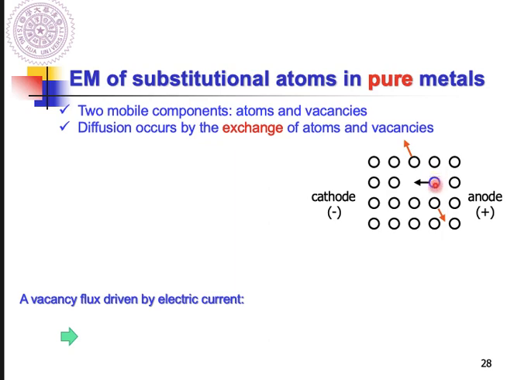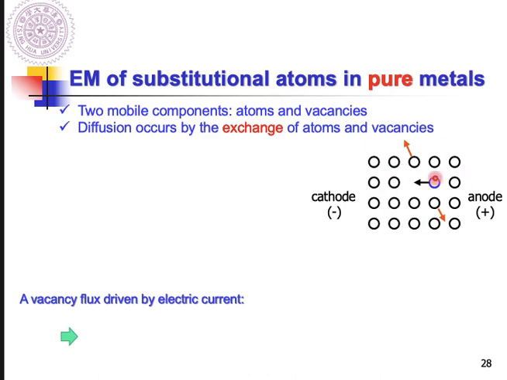One is the atoms at the substitutional site, or you can say at the lattice point, and the other component is the vacancy. Based on this, the diffusion occurs when these atoms exchange location with the surrounding vacancies. So this is how these atoms diffuse through these materials.